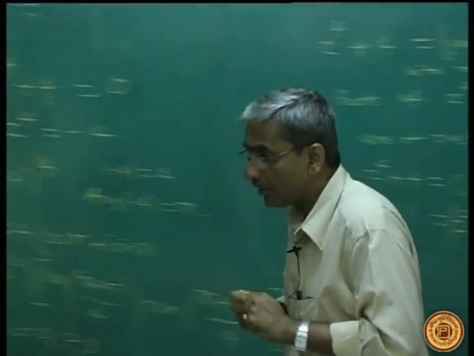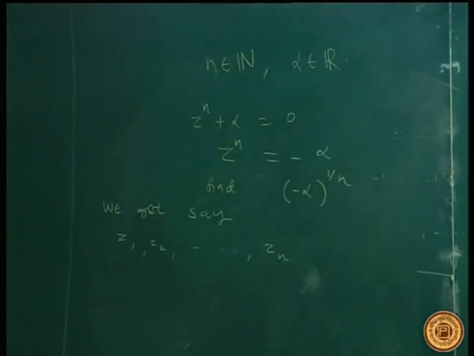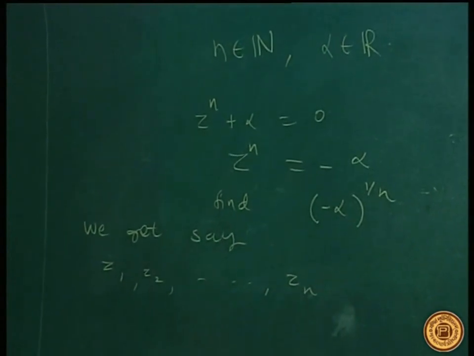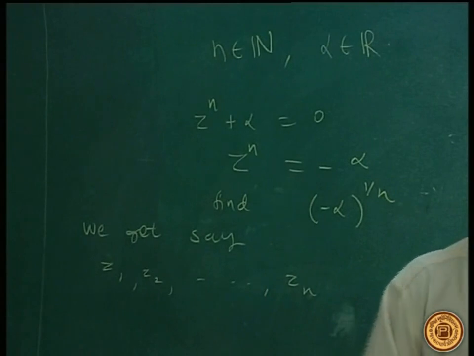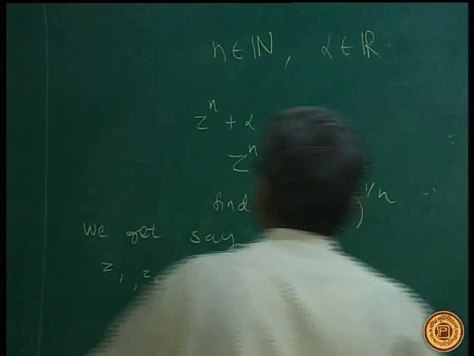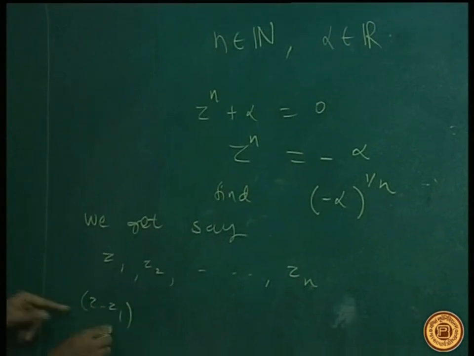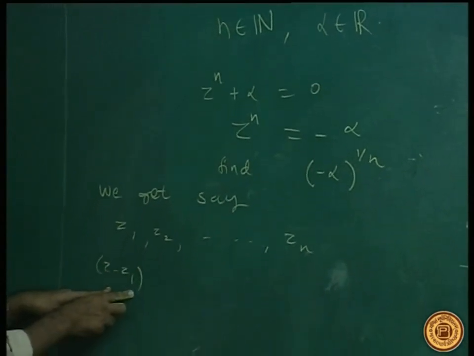But if the degree is odd, this pairing is not possible. So you will have to get a real root. And once there is a real root, that means a factor is linear. So for some, say z1 is real suppose, then z minus z1 is a linear factor, a factor of degree 1.